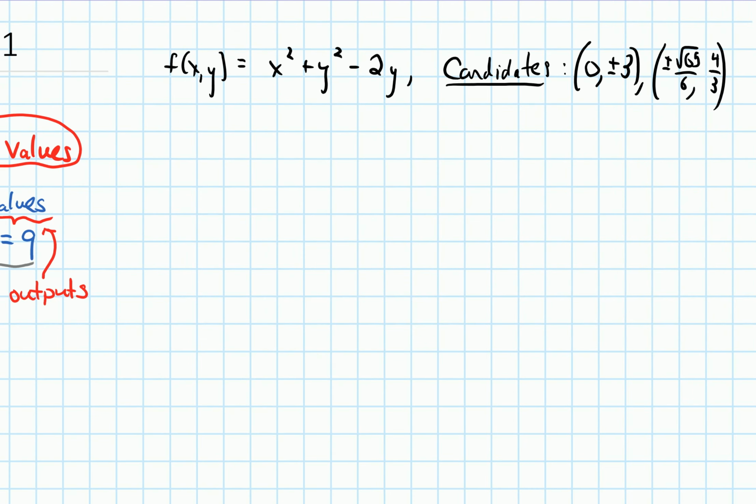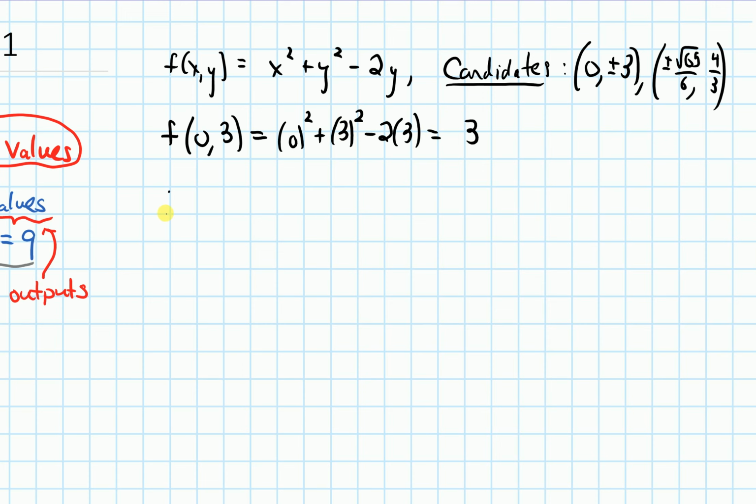All right, so here was our function as a reminder, and here are the candidates that we got that we need to now plug in. All right, so let's plug in 0, 3. And if I were to do that, we get 0 squared plus 3 squared minus 2 times 3. So this becomes 9 minus 6, which is 3.